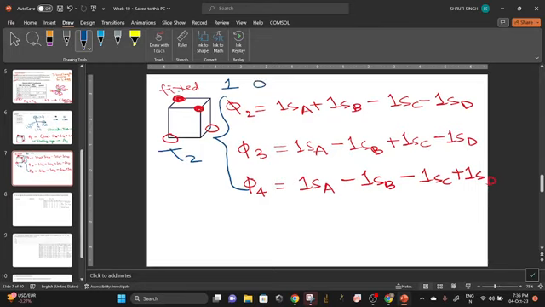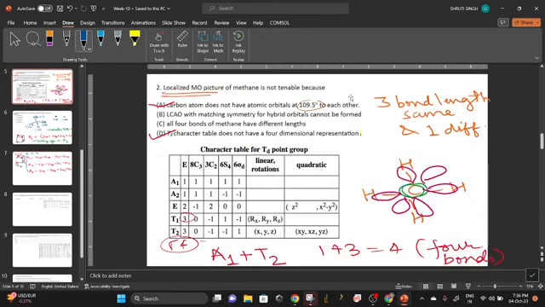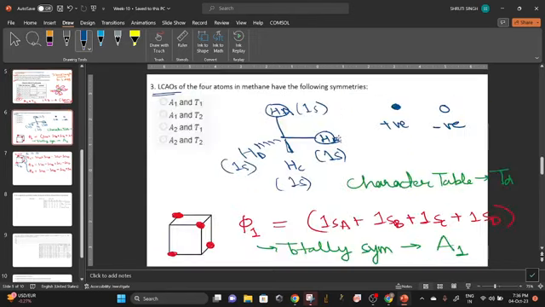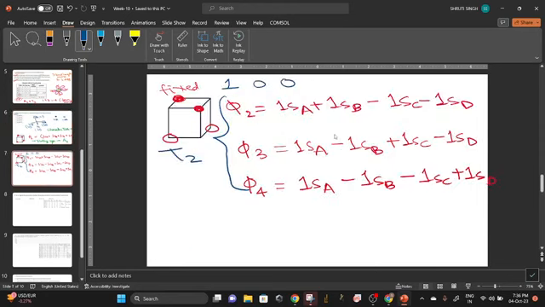And under C2 also it will change place, so it will be 0, not same. Next is S4 and sigma D. So S4, it will change places, so it should be 0, sigma D.